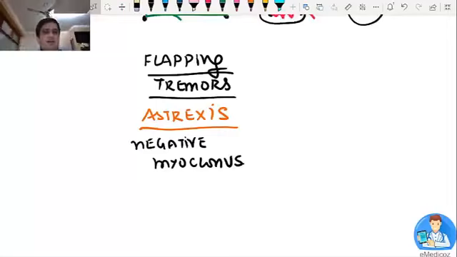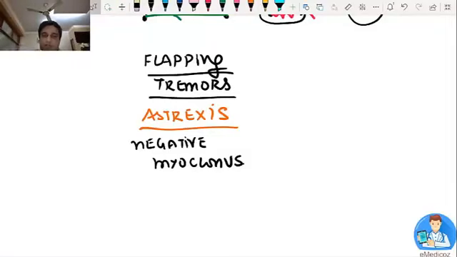Now why do I call it negative myoclonus? If you remember myoclonic jerks, there was a sudden jerk of the body, that was myoclonus. If you remember the first video that we saw in the epilepsy class, the second class, there was an increase in the tone of my body. That was a positive increase. The tone increased, resulting in a jerk movement. For example, if I'm holding the hand like this, I'm trying to increase the tone of the muscle to hold it. If the tone decreases, what will happen? The hand will go down. Again, it will come back.